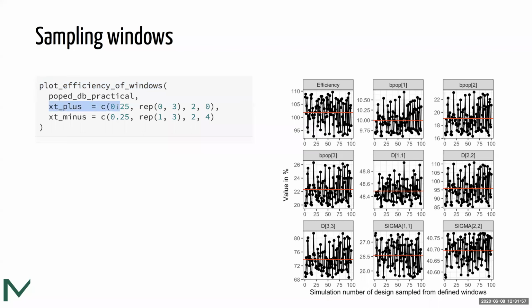So I'm going to say that for each of our sampling times, I'm going to give an upper bound and a lower bound. For that half-hour sample on day 1, I'm going to let that vary a quarter of an hour before and after that sampling time. For the trough samples, I'll let that be anywhere up to 1 hour before the dose. And I'm going to put 2 hours either side of that 32-hour sample and up to 4 hours before the final dose.